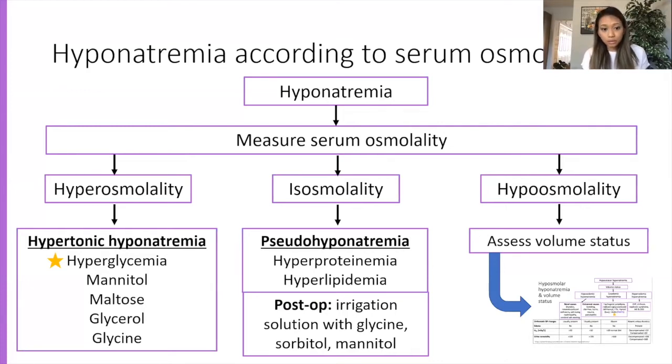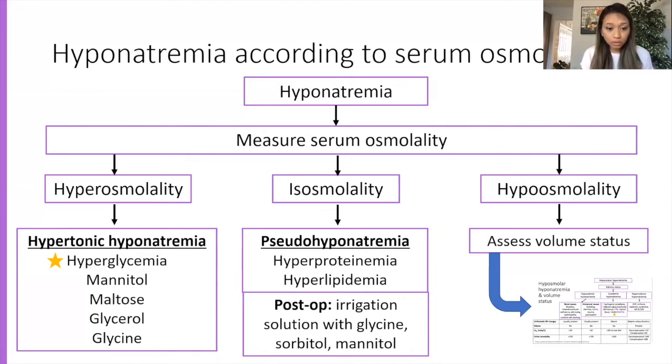If they're isoosmolar, this is considered pseudo-hyponatremia. This is actually more of a lab error that doesn't happen as much, but it will depend on your lab and how they process the sample. This will happen if the patient has hyperlipidemia or hyperproteinemia.